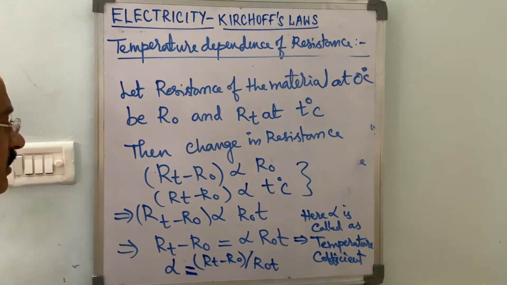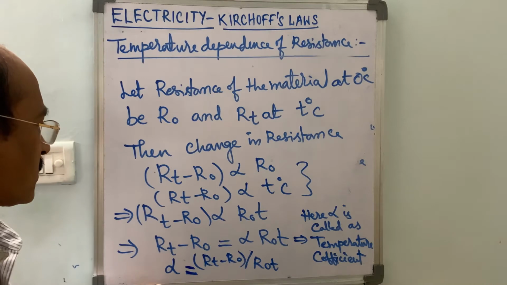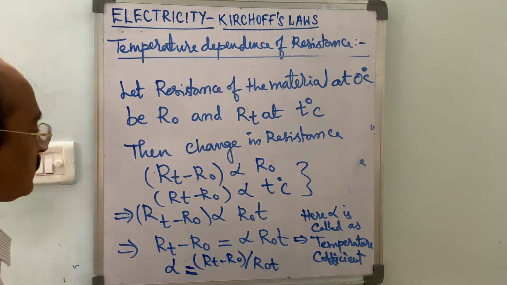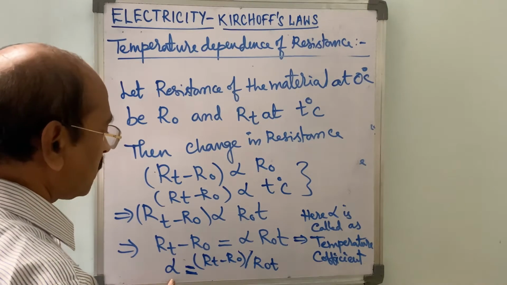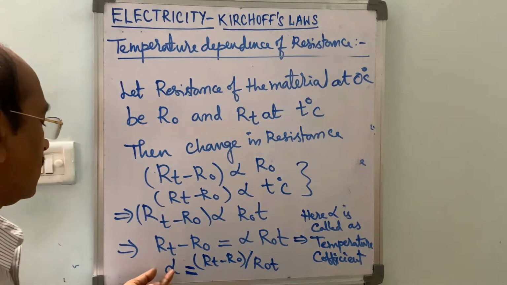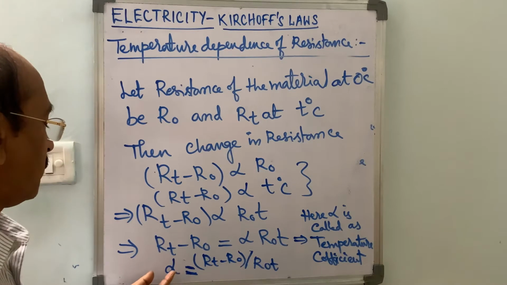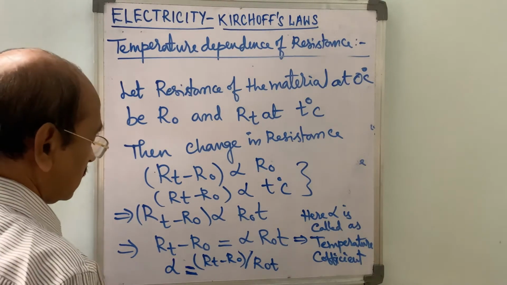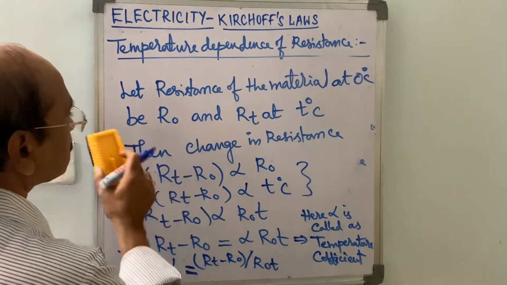So it is called negative temperature coefficient for insulators and semiconductors, and positive temperature coefficient for metals.